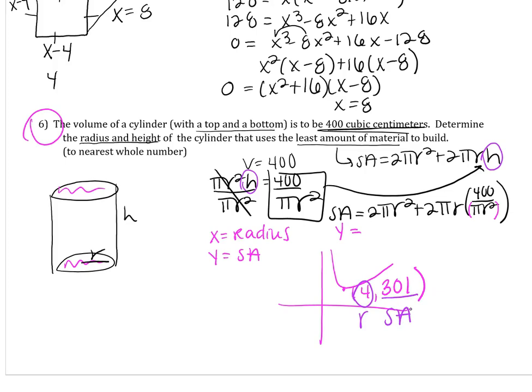If it wants the height, that was based off the radius. The height, we have a formula up here, is equal to 400 divided by pi r squared. So I'm just going to plug 4 in, and then we'll round that to the nearest whole.